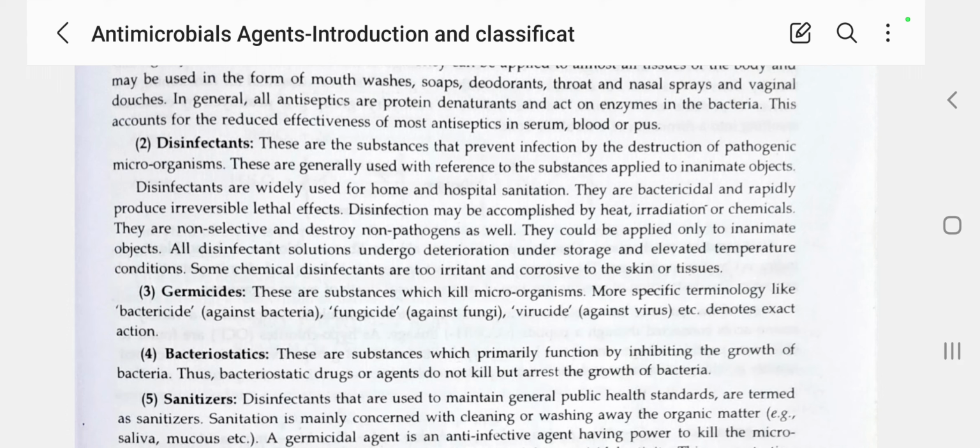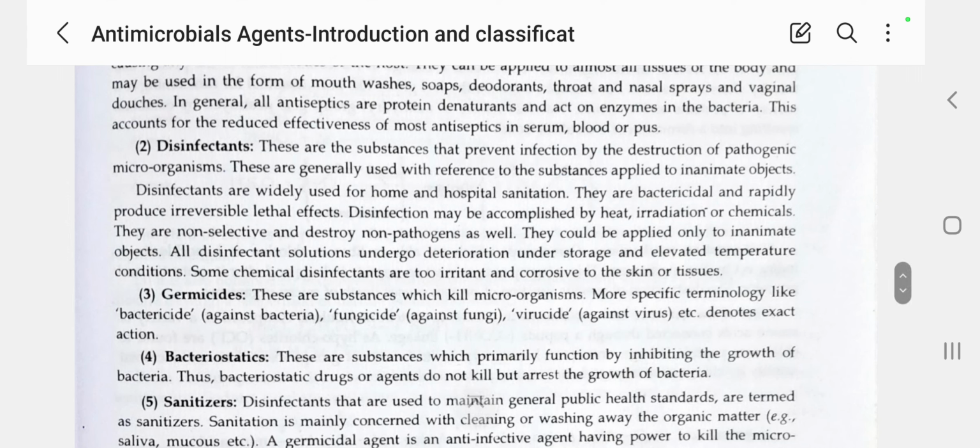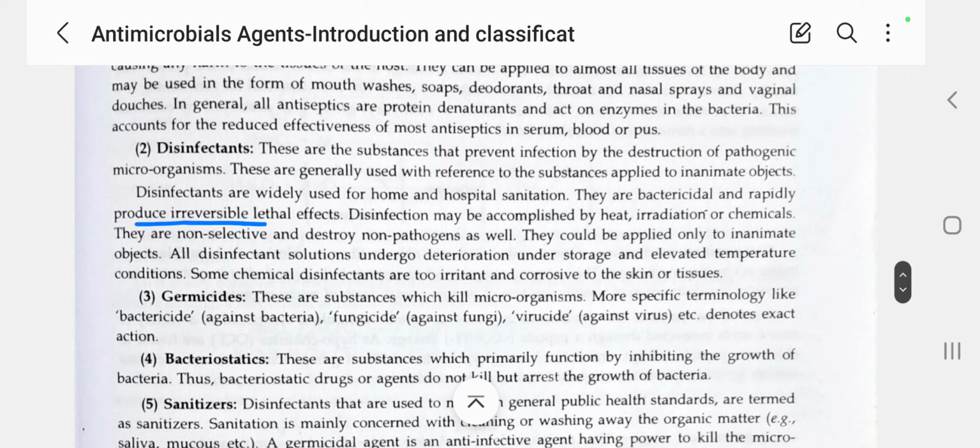They are bactericidal. Bactericidal differs from bacteriostatic. Static is that which will prevent or arrest the growth of microorganisms, but bactericidal drugs kill or destroy the microorganism and rapidly produce an irreversible lethal effect.